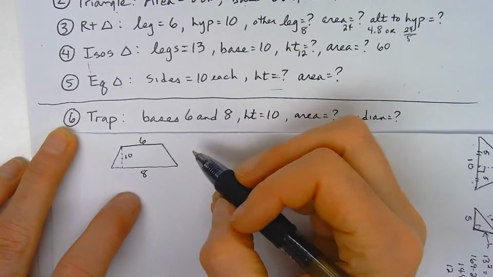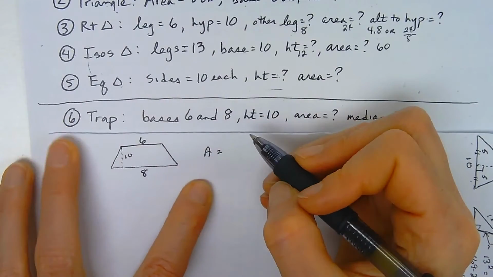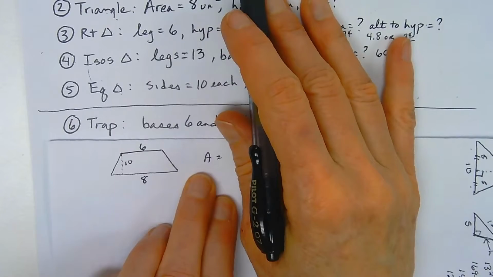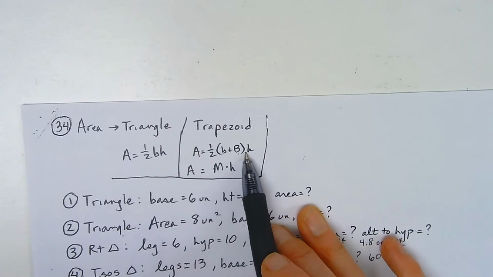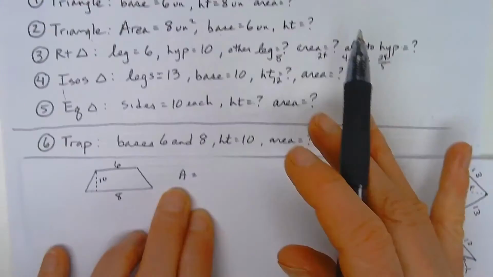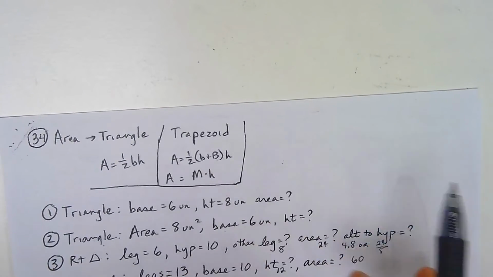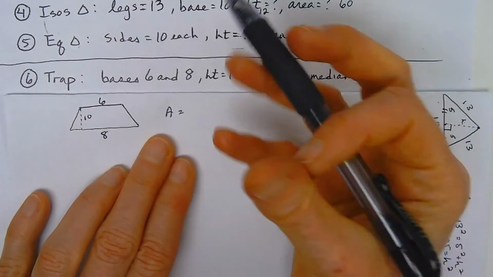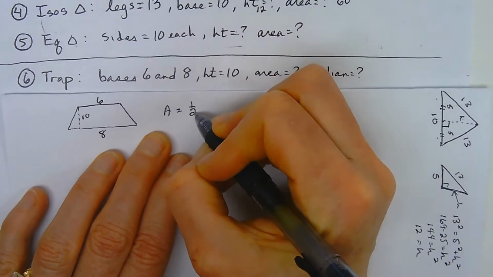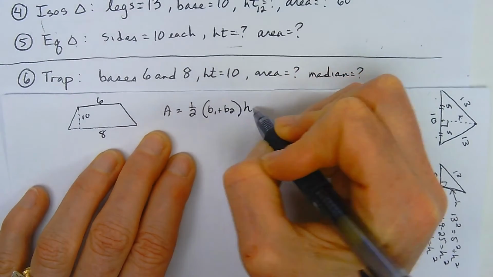Now let's see, the area of a trapezoid is equal to, we have two equations up at the top here. We're going to use the top one, 1/2 base 1 plus base 2 times h. It has a little b and a big B, but I think of it as base 1 and base 2. So area equals 1/2 base 1 plus base 2 times the height.